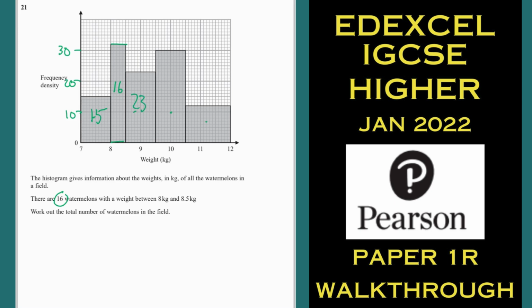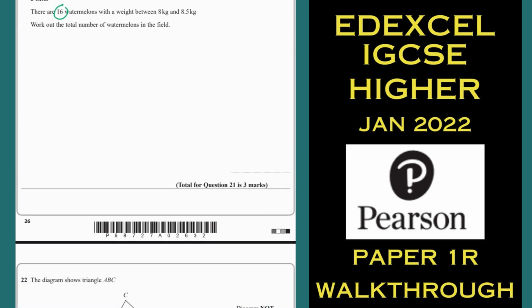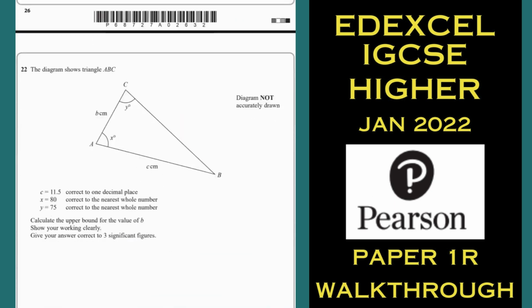Next bar is 1 times 30. And the final bar is 1.5 wide, 12 high, 18. Get all them added up, not forgetting to include the 16 that you were given, and you should get 102.